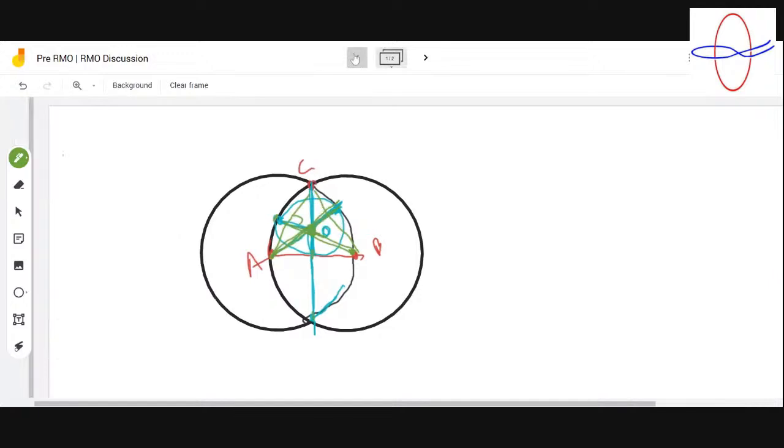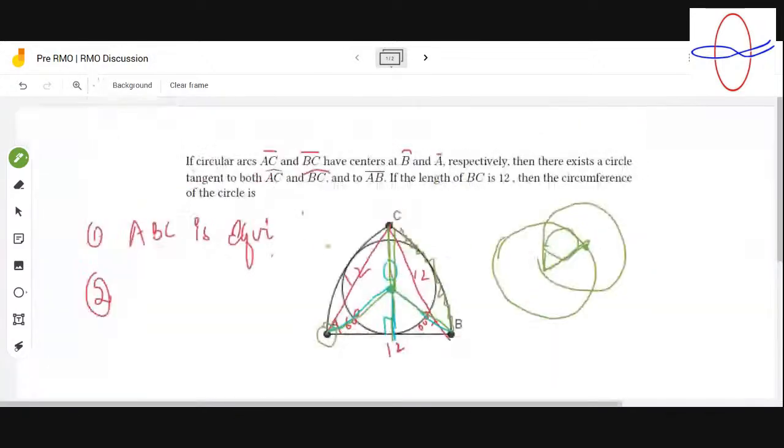Any doubts? I'm trying to prove that O is the circumcenter of this triangle ABC. O is actually the center since it's an equilateral triangle. If it's the center, then we can find the radius, right? Because we know the length. All of you understood this? Congruence is a good way. All of you understanding the theory, guys?